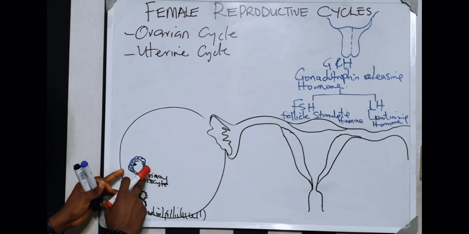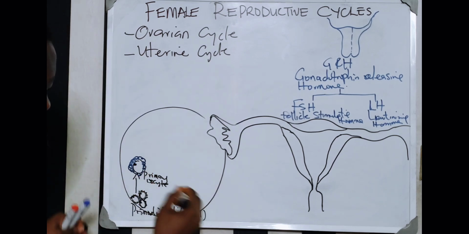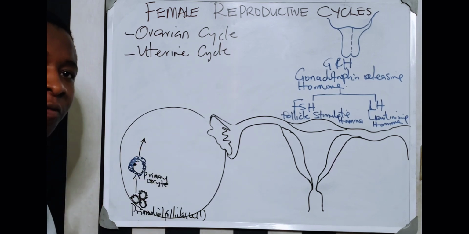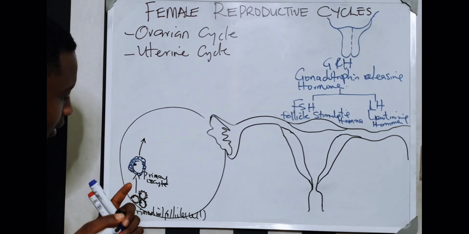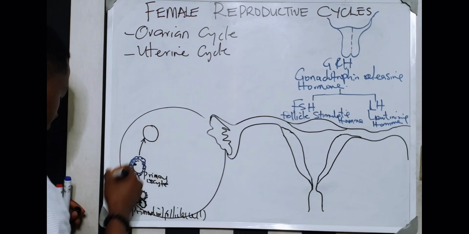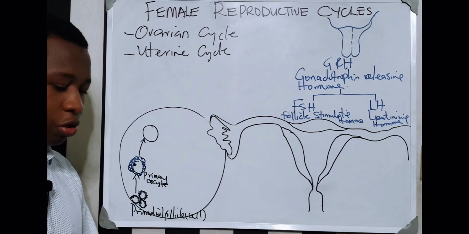Okay, so this is the primary oocyte. Now from here, another development occurs, leading to another type of oocyte known as the secondary oocyte. Now the secondary oocyte has thicker follicles.